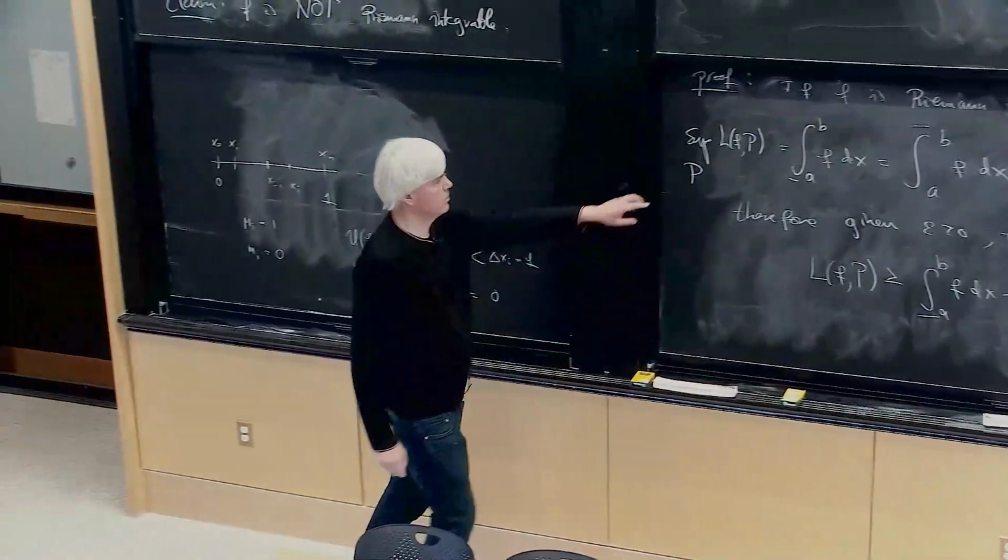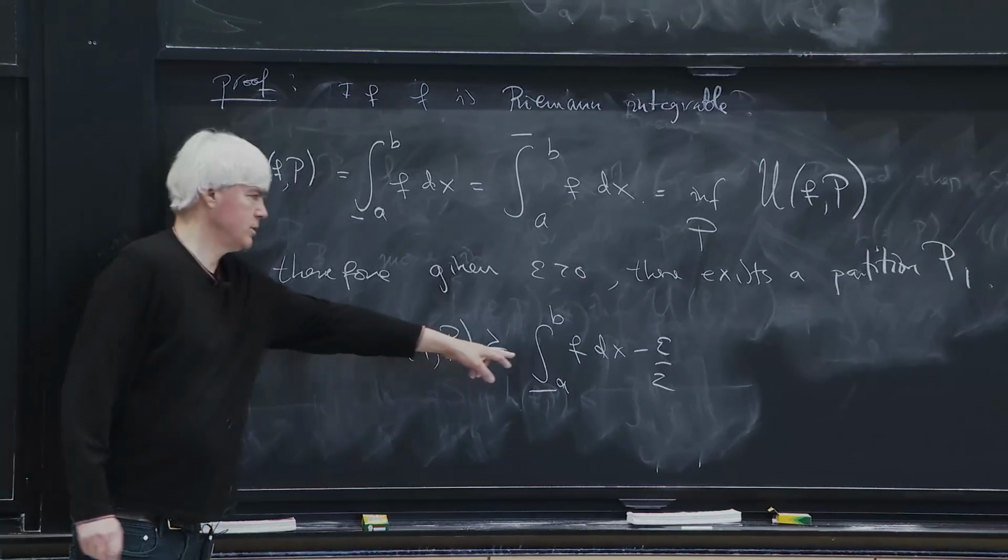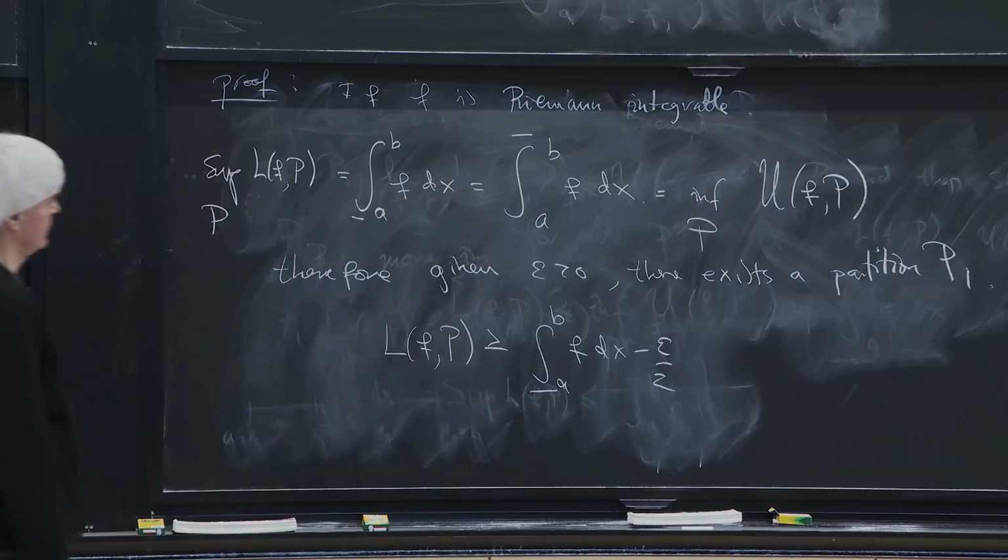It's just because it's a sup over all these numbers, so there must exist one that comes this close to the sup.